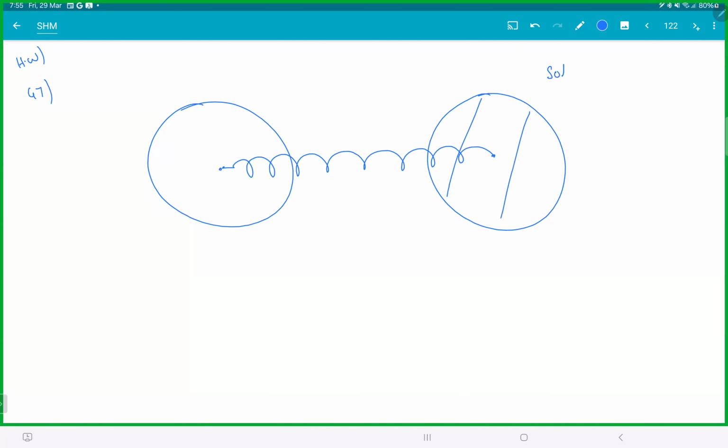This is a solid sphere, mass m, radius r. This is a hollow sphere, mass M, radius R, spring constant is K. They're placed on a rough ground. There's no slipping.